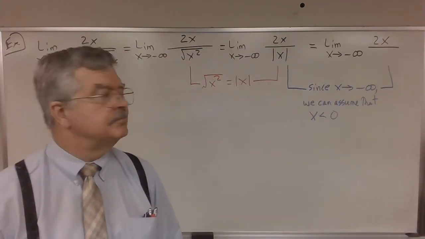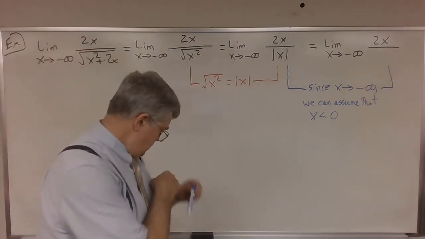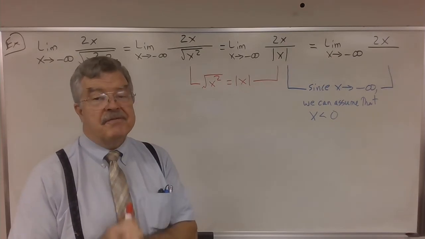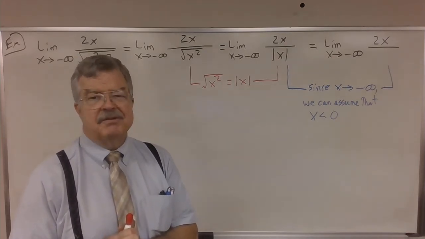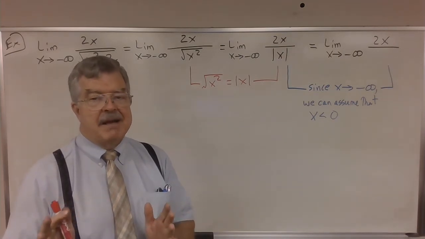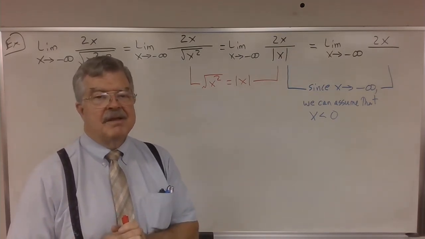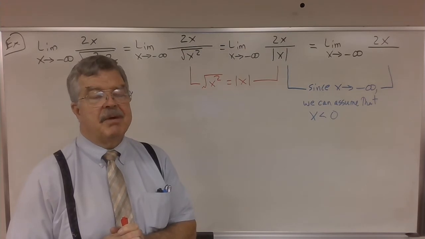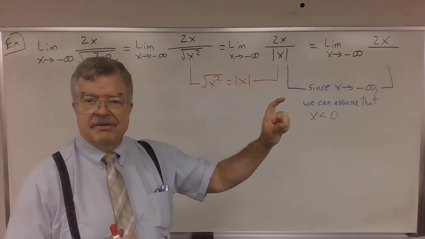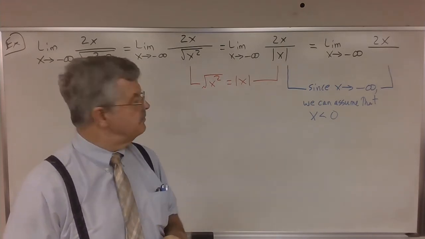So what? Well, that brings us to the original definition of absolute value. Remember, the absolute value of x depends on whether x is positive or negative, whether x is greater than or equal to 0 or less than 0.